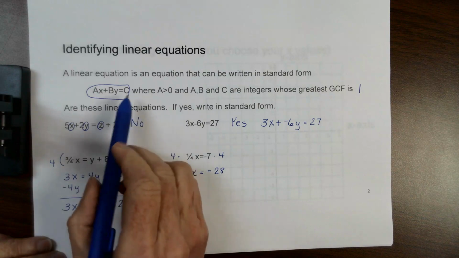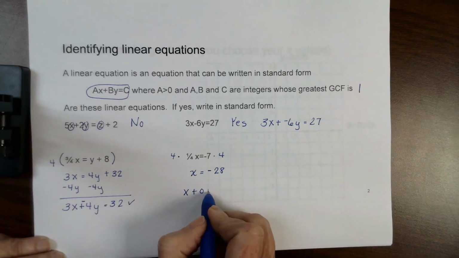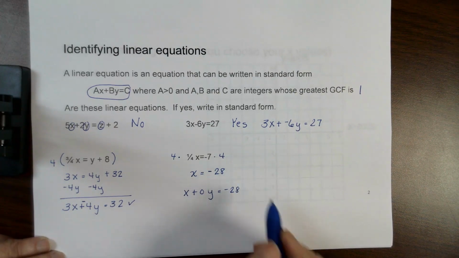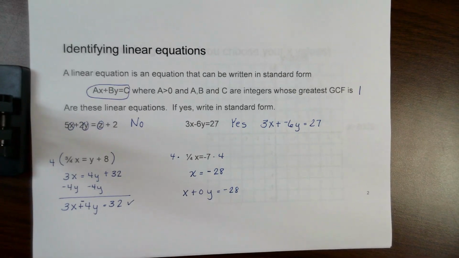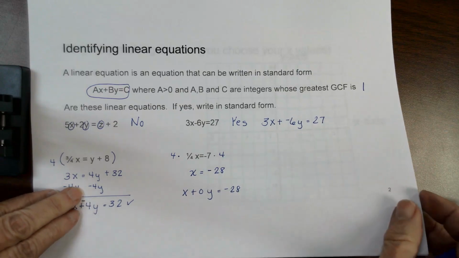If you wanted to write it closer to that, you could write x plus 0y equals negative 28, but either one is accepted as standard form. This is a vertical line through where x is equal to negative 28, but we'll talk more about that at another time.